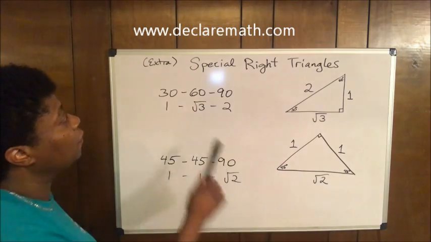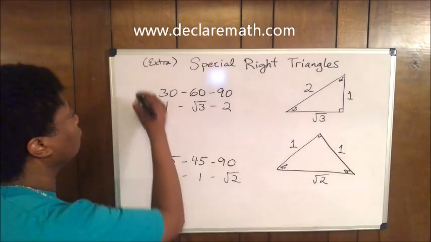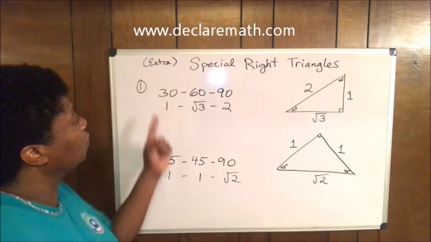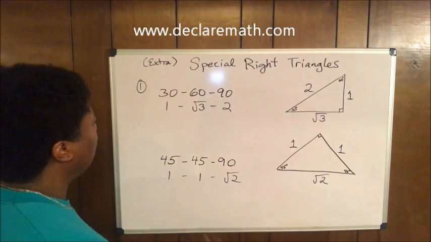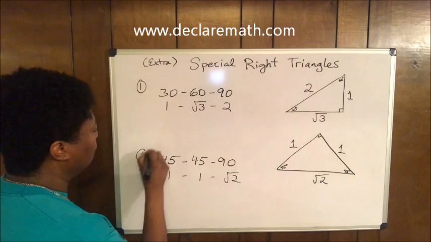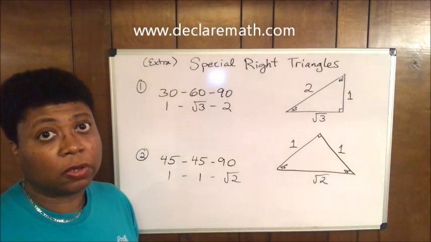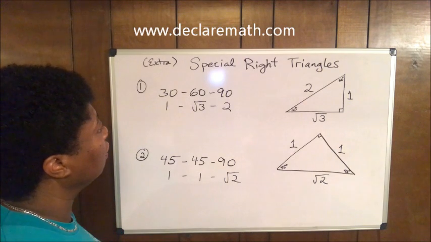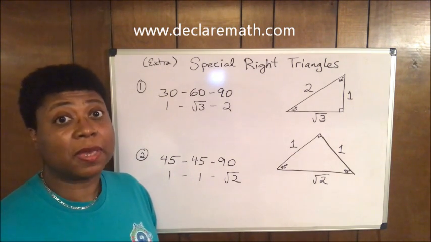Okay? So you have two types of special right triangles. The first one is the 30, 60, 90. You'll hear that a lot. And then the second is the 45, 45, 90. And that's the other one you'll hear a lot. Okay? So now, let's work some problems to make this make some sense.